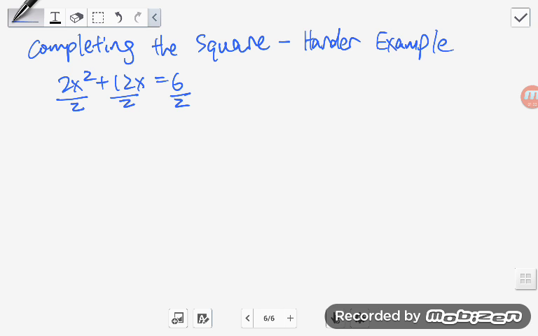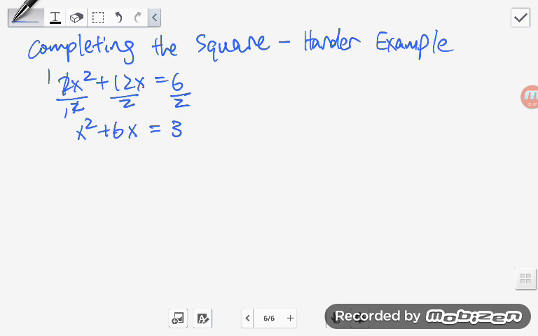Divide everything by 2. So this 2, that 2, they'll cancel out, and I'll get x squared. 12x over 2, I get plus 6x, and 6 over 2, I get 3. And then you can complete the square from there, right? So I want you guys to pause the video and try to complete the square from here.